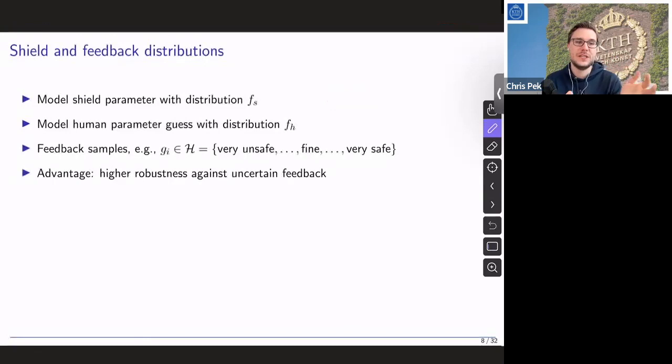So for instance, a human gives feedback samples in the form of, let's say, textual feedback from this was very unsafe to it was a fine policy to very safe. It could be that in one set of rollout examples that we show to a human, the humans all say, oh, it was very safe.